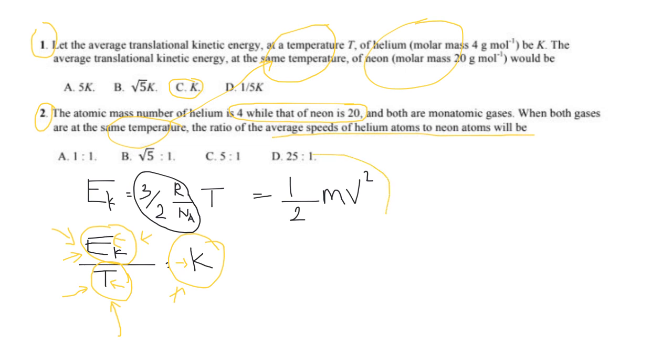Because EK equals a half mv squared. Now, if the kinetic energy of both has to be the same, but the mass of them is different, then the speed has to change to compensate for it. See if you can figure out what the compensatory value would be.